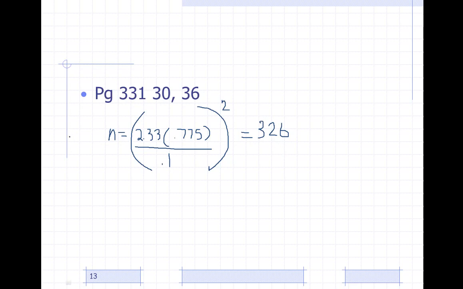Now, that's A. Let's look at B. B says, well, let's use the standard deviation from the sample. So let's redo it. Let me change colors here.